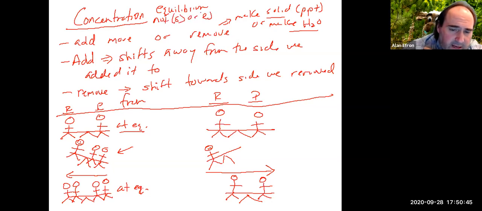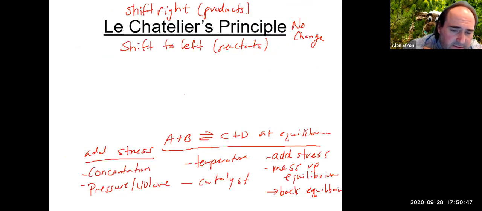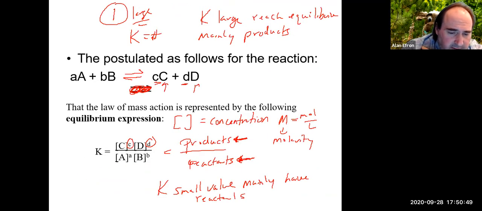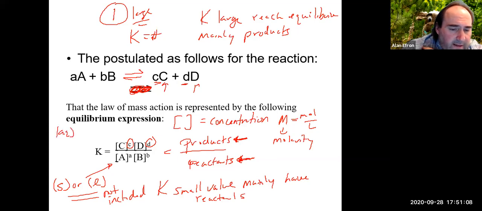So the two things that are not included in the equilibrium expression are anything that is a solid or a liquid. They pretty much do not participate in the equilibrium. That means the only things that are included are things that have an aqueous symbol or a gas. Solids and liquids are not.